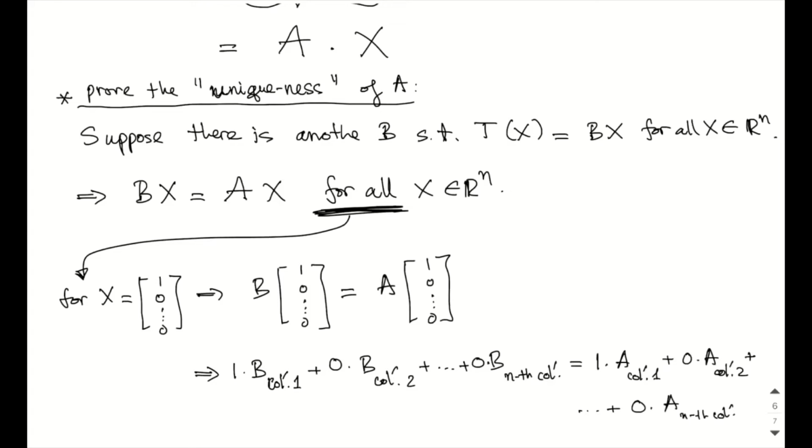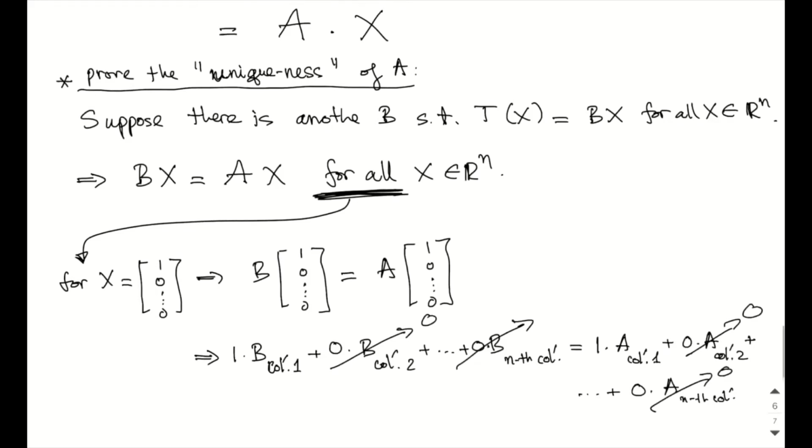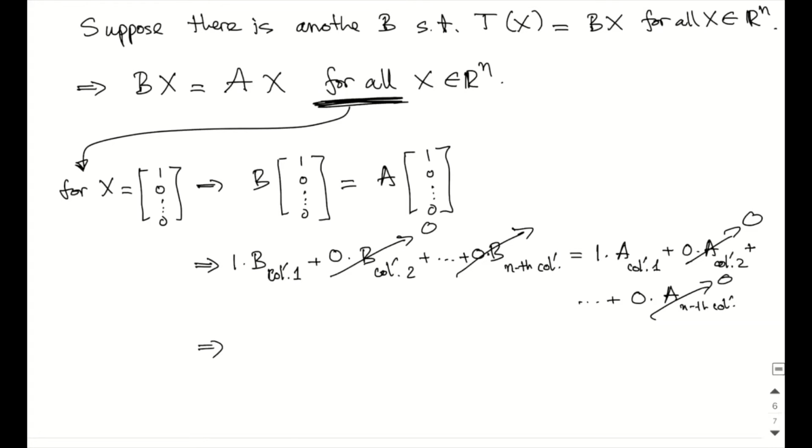Well, you are going to have a bunch of 0s here. The only thing that is left is that 1 times the first column of B equals 1 times the first column of A. But isn't it the same as saying that the first column of B equals the first column of A?